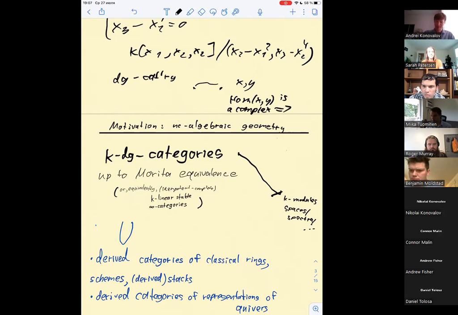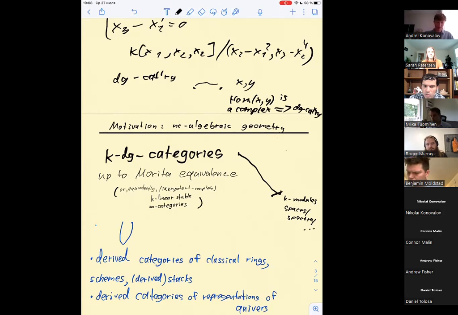Then we call this category a dg-category. Of course, you also need some nice properties about associativity of composition, about existence of units, and so on. Basically, you want a category which is enriched in the symmetric monoidal category of complexes.